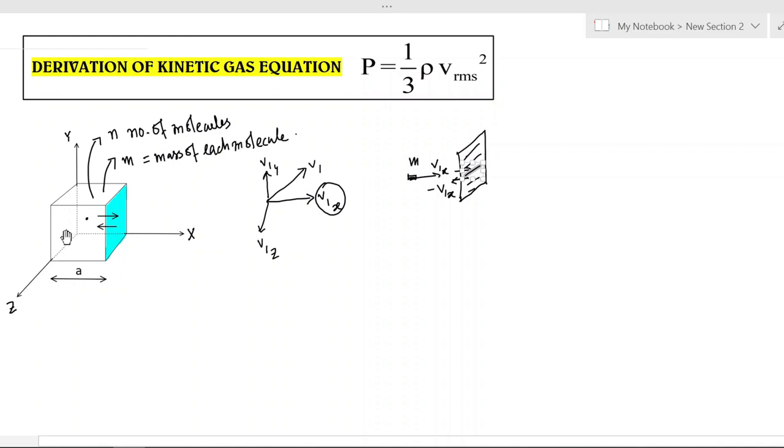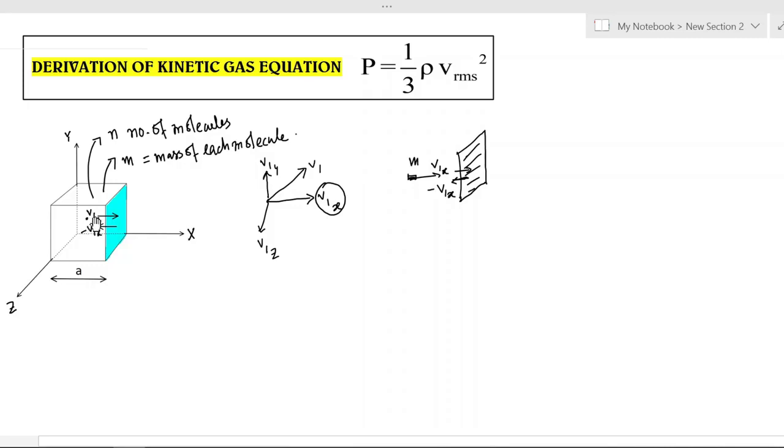It is going to strike this wall. After striking this wall in the YZ plane, it is going to come back again in the same direction with velocity v1x. Alright, so if this is v1x, this is going to be minus v1x, right?